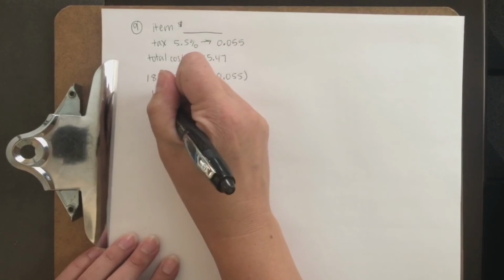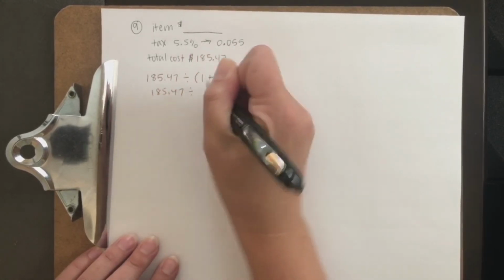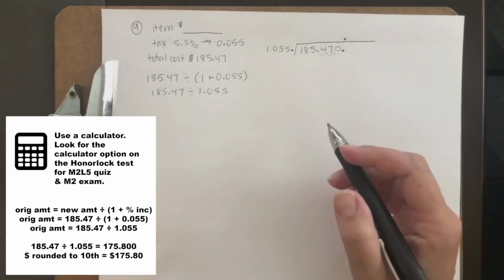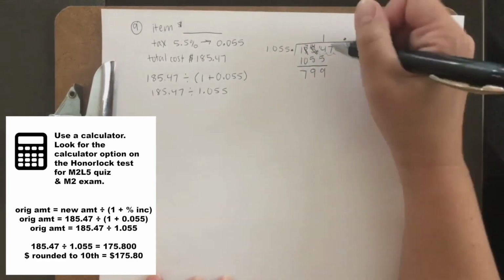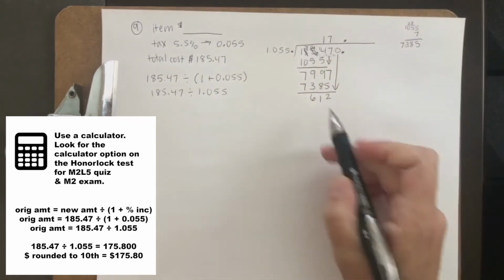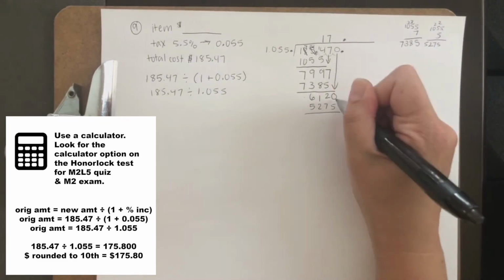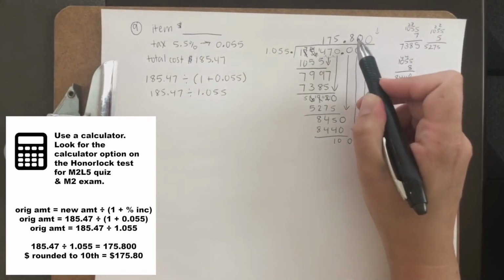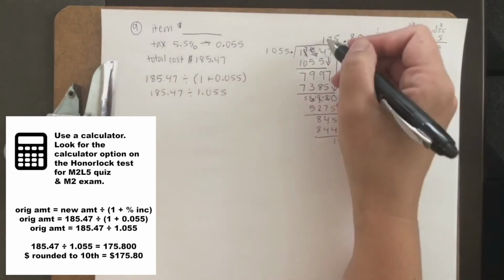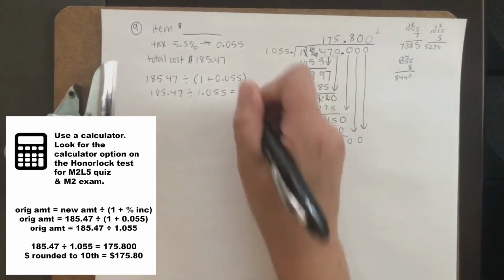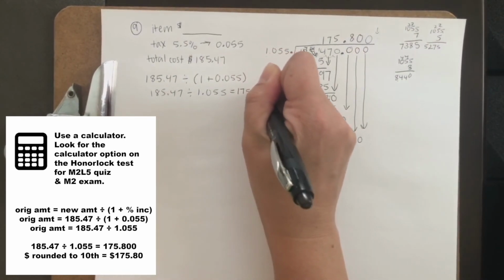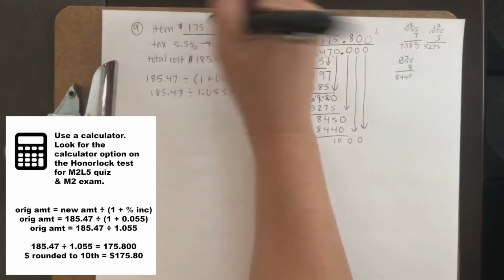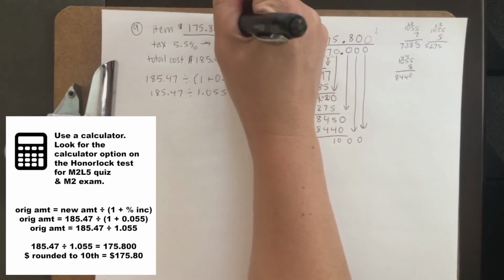In other words, 185.47 divided by 1.055. So the item cost is that right there. It equals 175.80, and that is our item amount, $175.80.